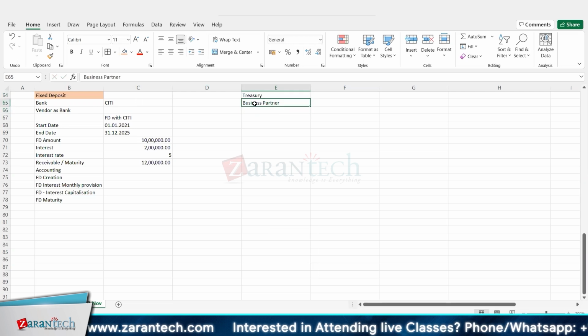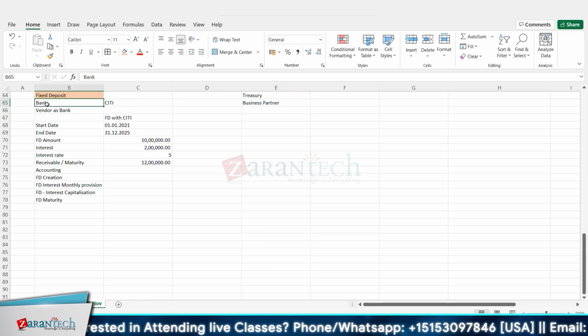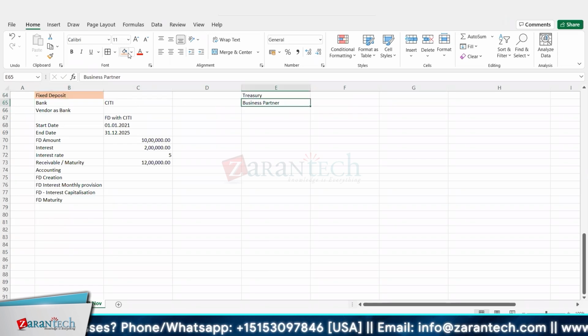So if you are working on the Treasury and Risk Management module, then all these different banks with whom you are doing the treasury related transactions, all those are called the business partners.